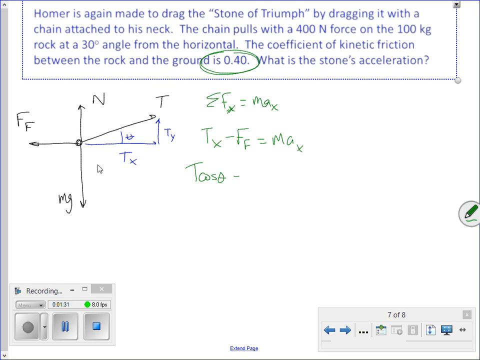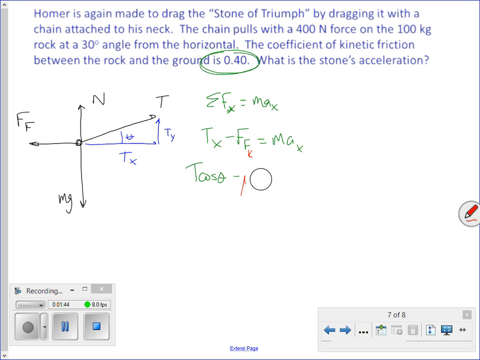Write this not as friction force, but as mu times normal force. And if you want, I can write the k subscripts here. Not the most important part in the world, those subscripts.